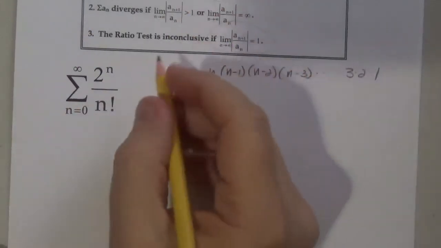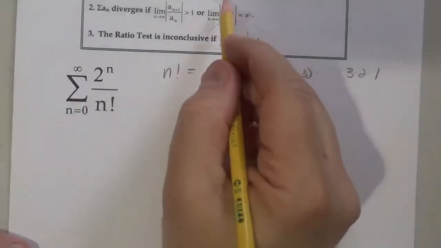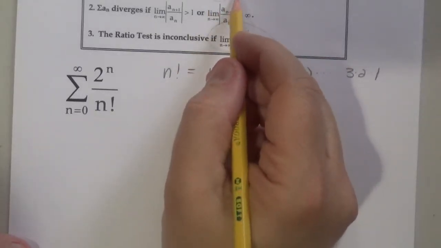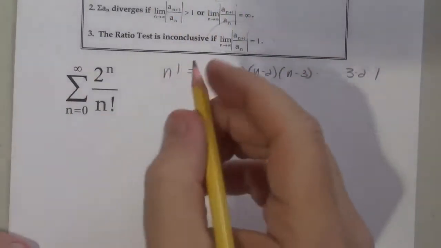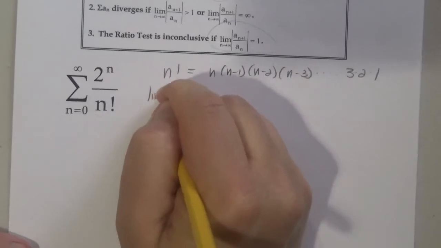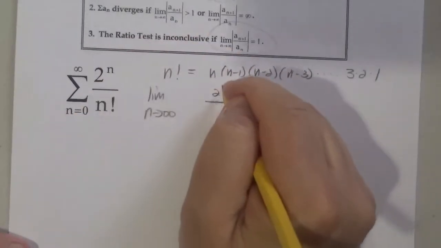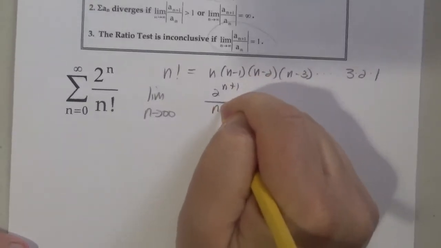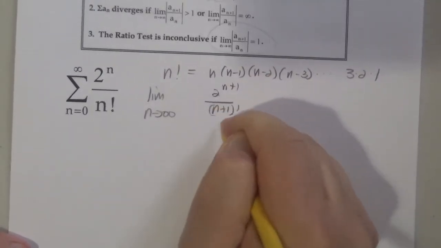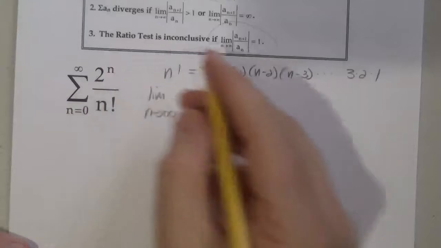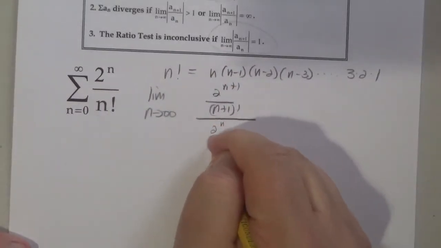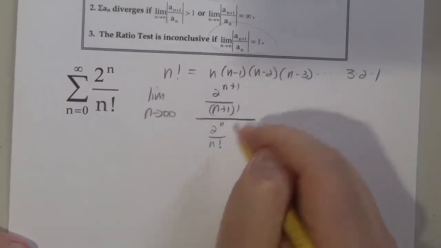So all I really need to do is just show that the ratio of two consecutive terms is less than 1, and show that it converges. So I have the limit as n goes to infinity. I just need to do 2 to the n plus 1 over (n plus 1) factorial over just the nth term, 2 to the n over n factorial. That's a factorial right there.